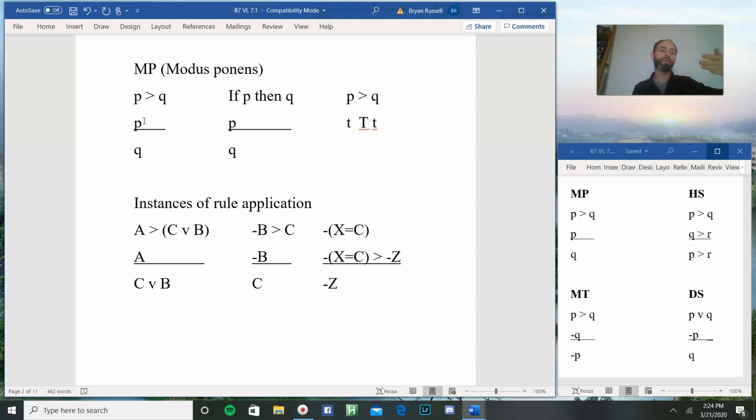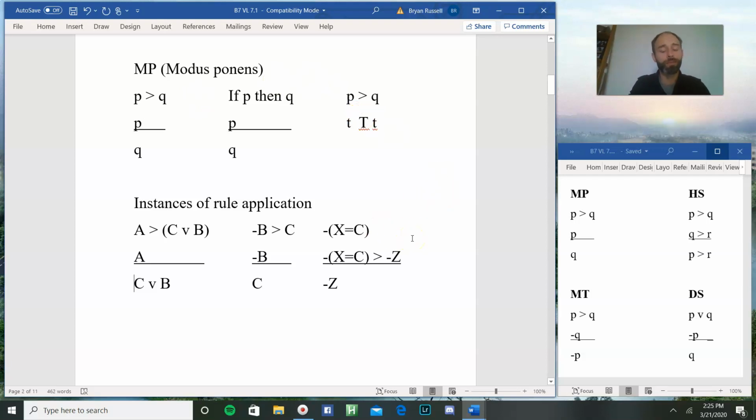So if we know the things above the line are true, we can very safely say that the thing below the line is true because we're using a valid argument to derive it. So if these lines were switched, if the P was first and then we had P horseshoe Q on the second line, we could still get Q just as easily because we'd know that P was true and we'd know that if P then Q was true, so then we could derive Q.